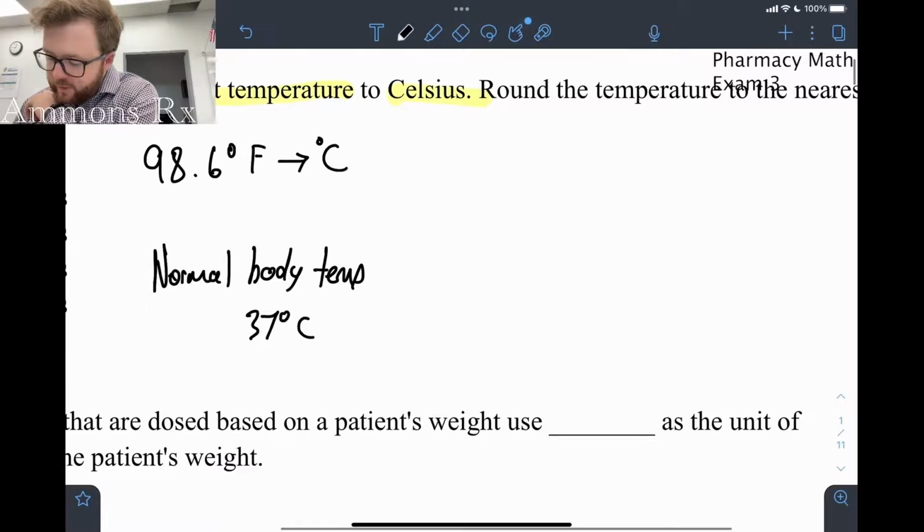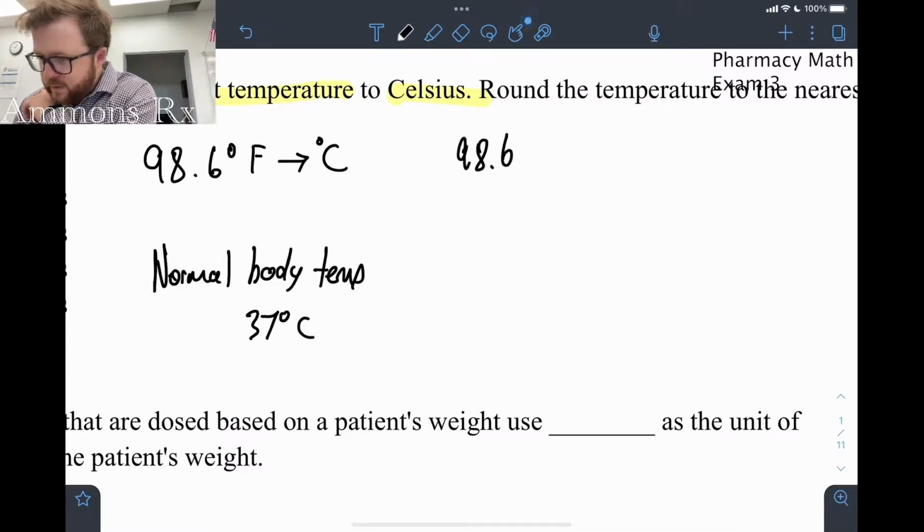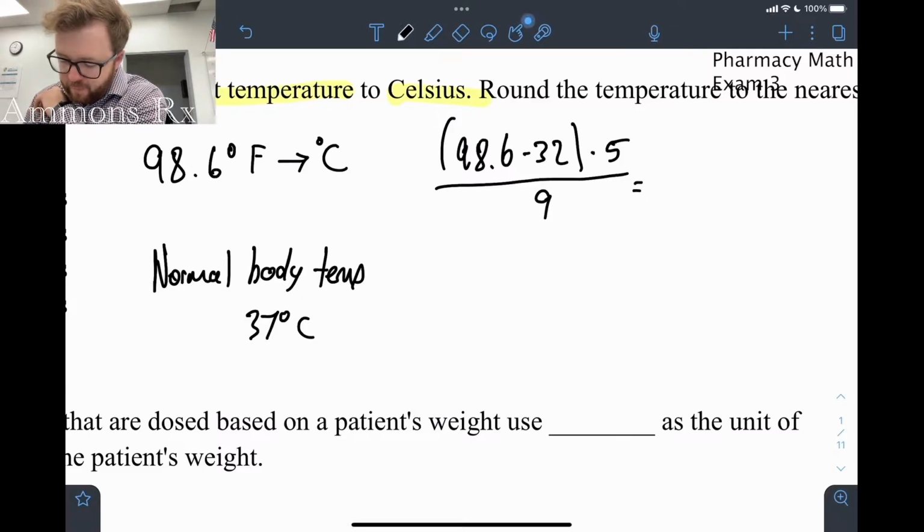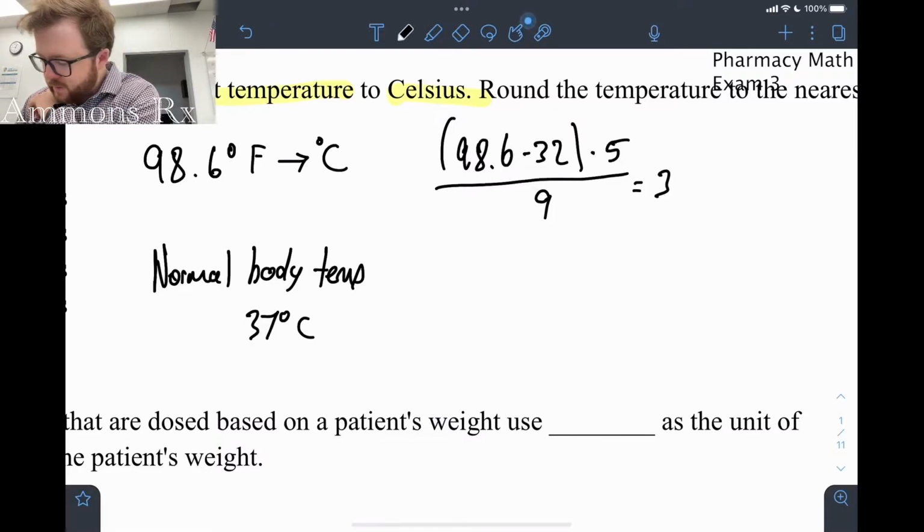But I'll go ahead and show you the math behind it. So we have 98.6 minus 32 times 5 divided by 9. That is 37 degrees Celsius.